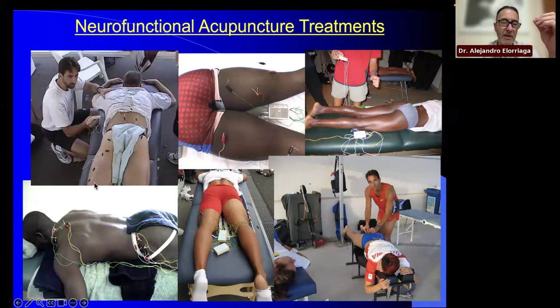How is the nervous system? How is the force management? How is mobility? How are these kinetic chains operating? What's the metabolic state of the patient? And you need to do all kinds of tests: blood analysis, saliva analysis, urine analysis, stool analysis.